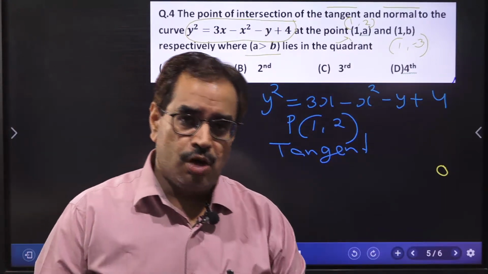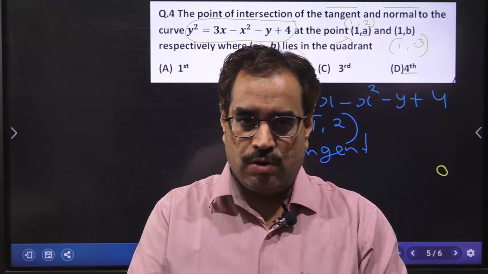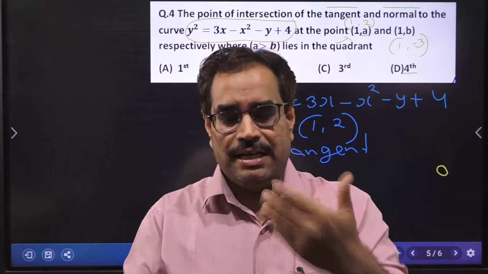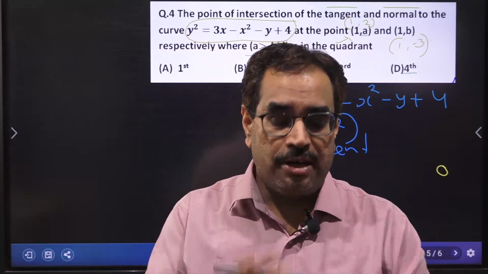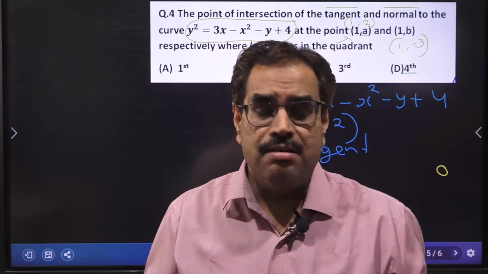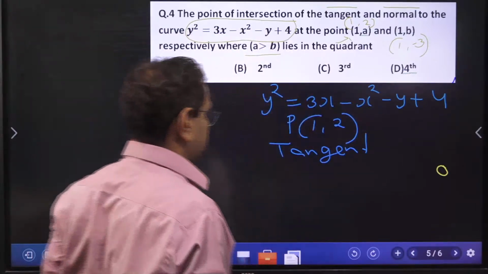We know that the slope of the tangent line is equal to the value of the derivative at that point. So the value of dy upon dx at that point will give us the slope. We will differentiate both sides with respect to x.